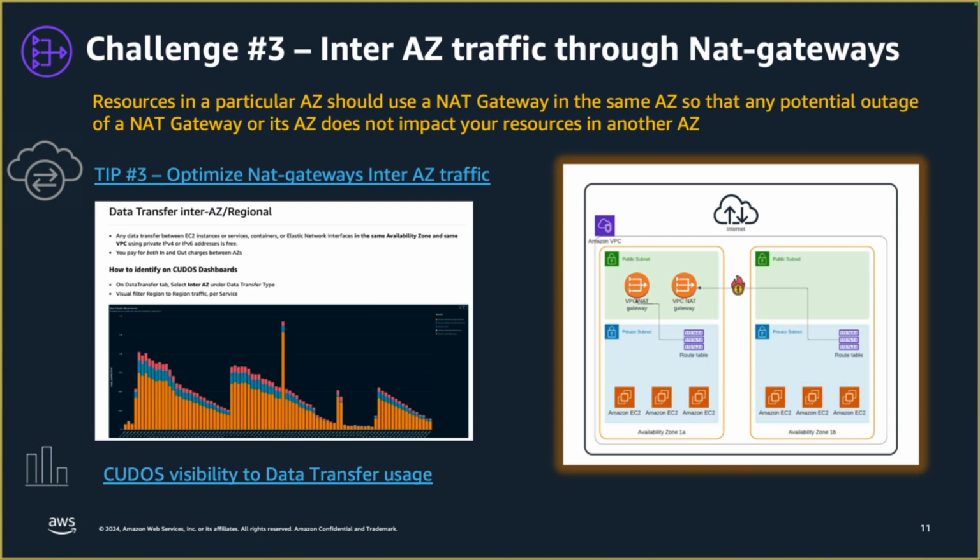So what happens with this setup is, first of all, it is not great from a resiliency standpoint because you have a single point of failure in one availability zone. So don't do that in production environments. But also what problem it causes here is that when your resources access the internet through a NAT gateway in a different availability zone, it actually triggers inter-AZ data transfer.